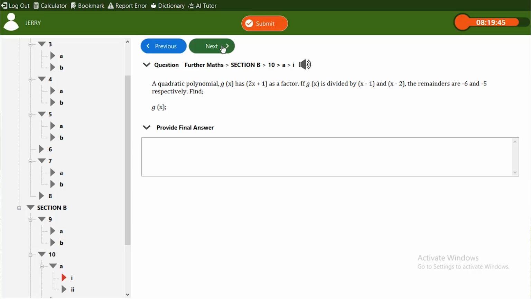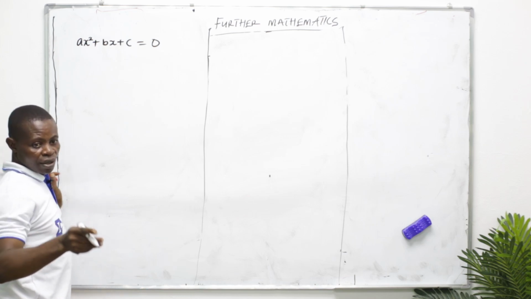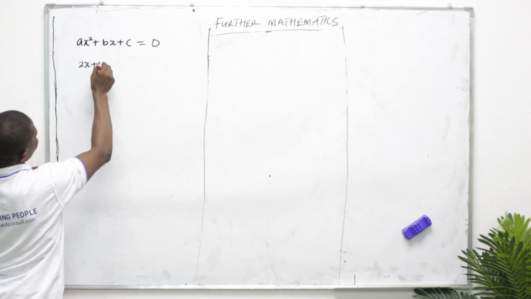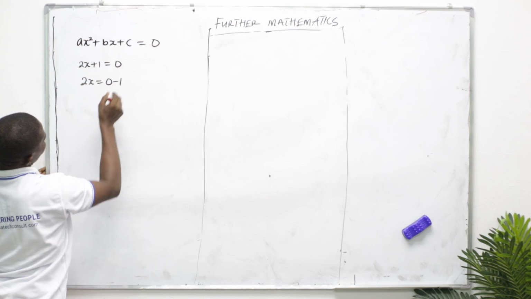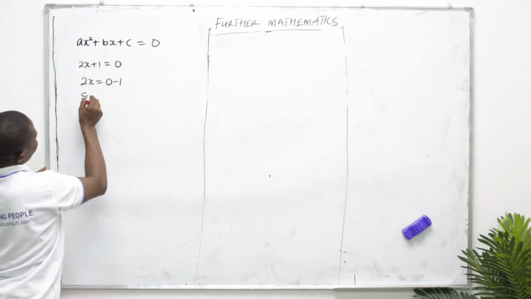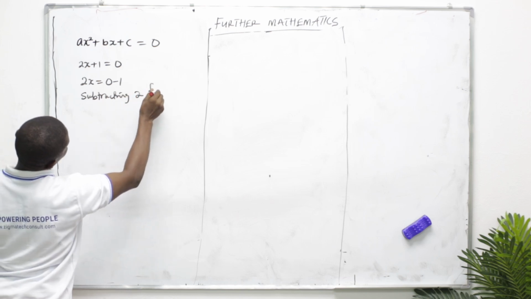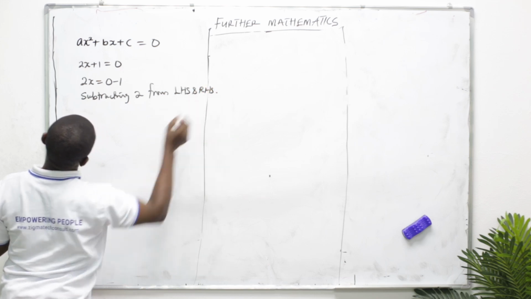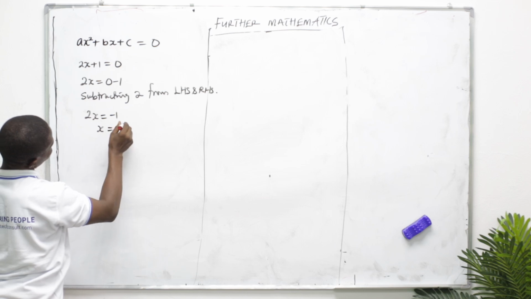The general equation for a quadratic polynomial is ax squared plus bx plus c equals 0. The first one, according to the remainder theorem, 2x plus 1 should be equal to 0, so that 2x equals 0 minus 1, that is subtracting 1 from the left-hand side and right-hand side. So 2x equals minus 1, x equals minus 1 over 2.